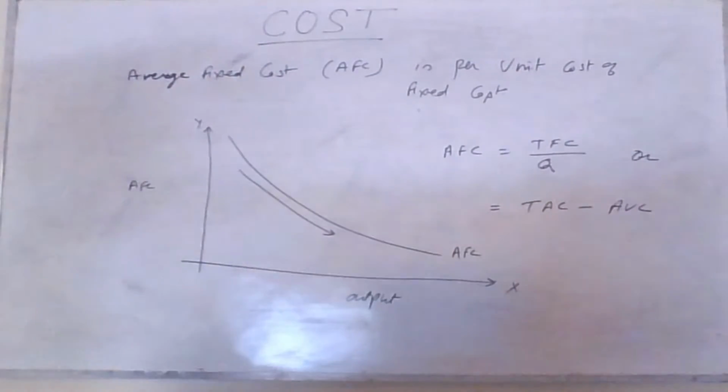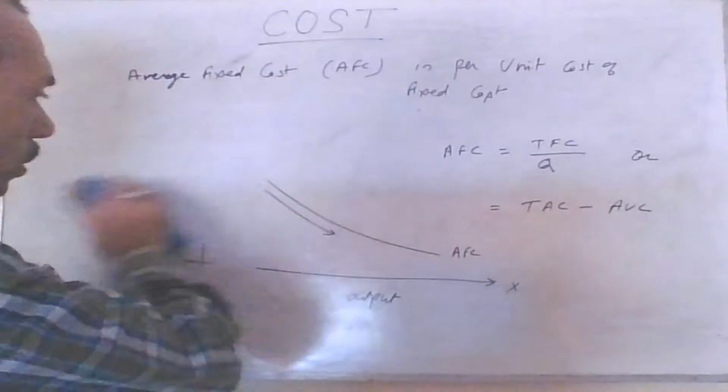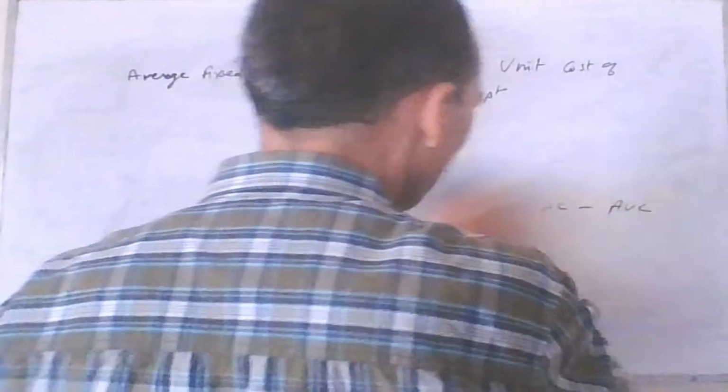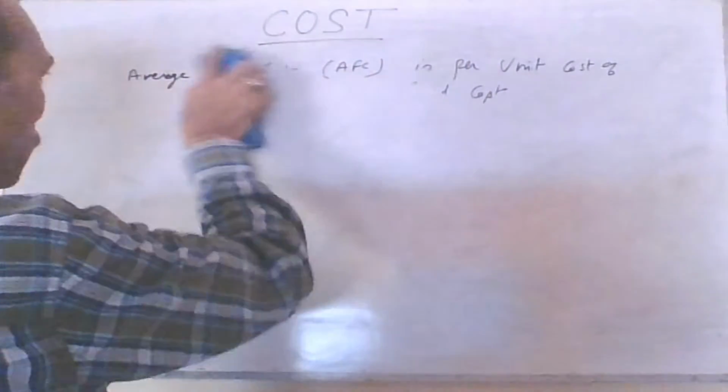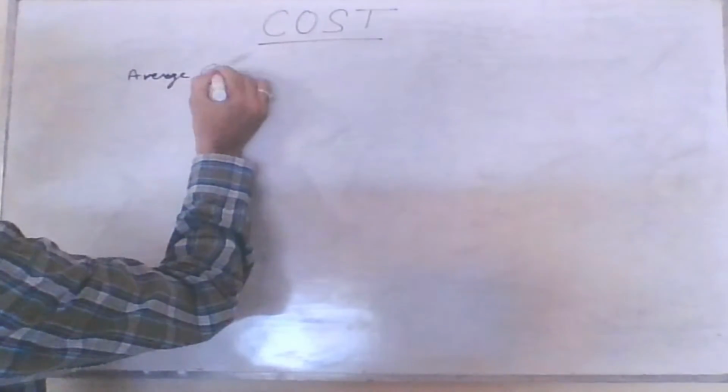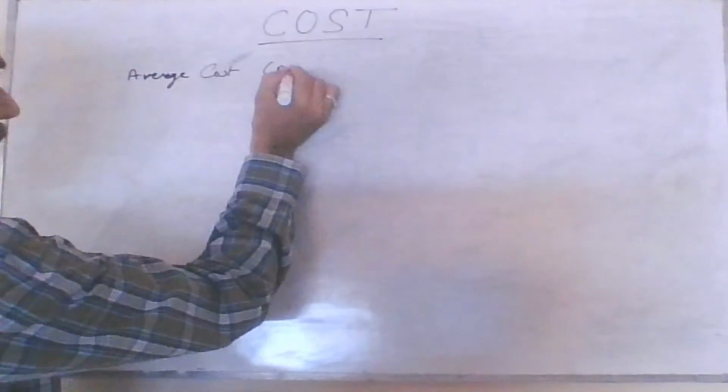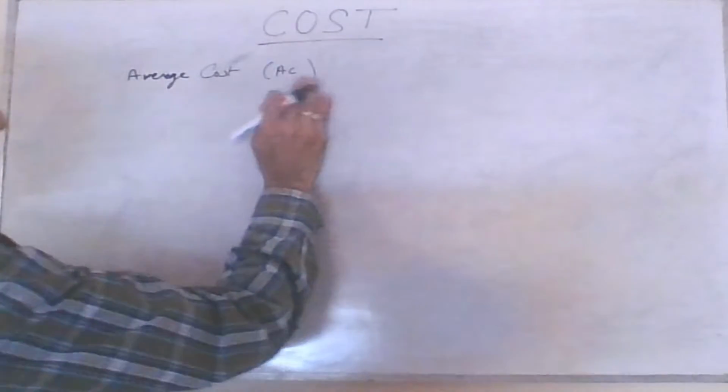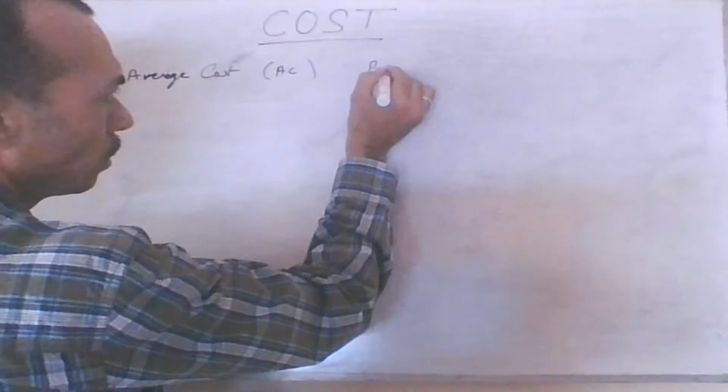Next is the average cost. Average cost is the per unit cost of output. Average cost, AC, is also called total average cost.